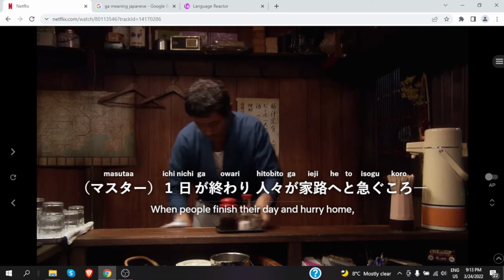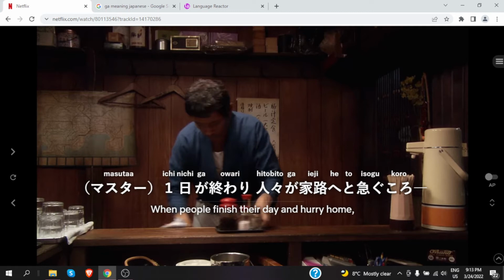Hitobito is people or folk. Ga, for emphasis. Hitobito ga. Damn, I'm trying to remember the end of it. Hitobito ga ieji. I'm imagining them going home. Ieji is in the direction of home, to home. Ieji to.